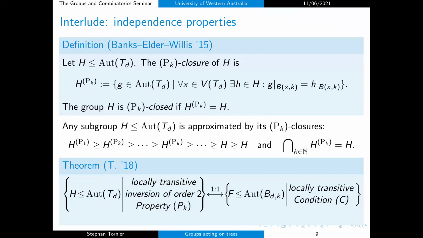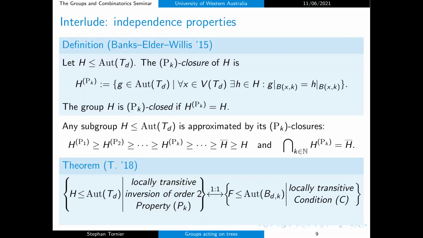Do you have examples of H where that is the chain, or some value of k for which... So the question is, for any group acting on the regular tree, I get this chain of P_k closures. Are there examples where the chain is actually properly decreasing, or does it always terminate somewhere?